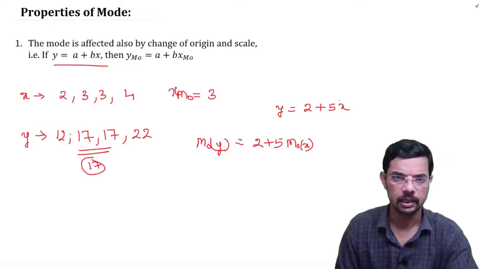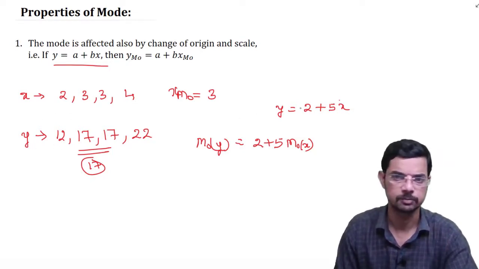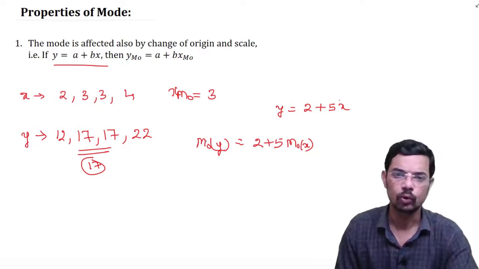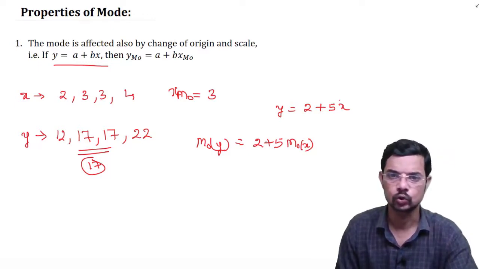We can say that if we have a set of data in x form and we convert it to y using some relation ax plus b, then the mode of y will be equal to 2 plus 5 into mode of x. What is mode of x? Mode of x is given to be 3.